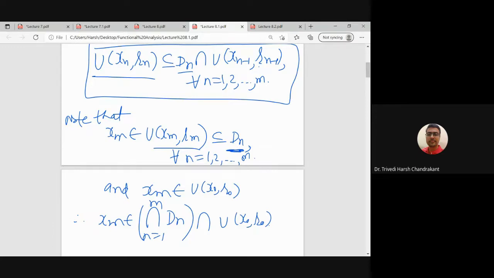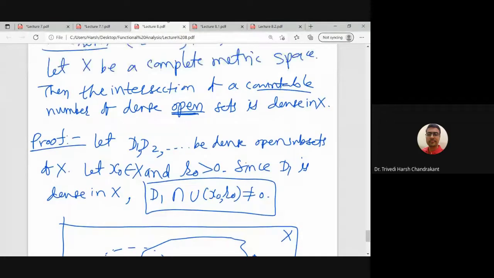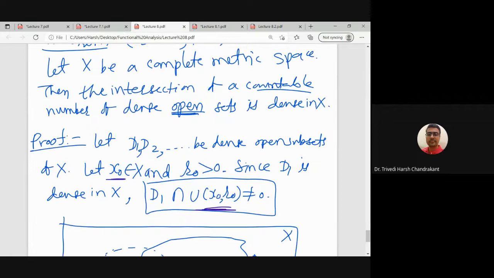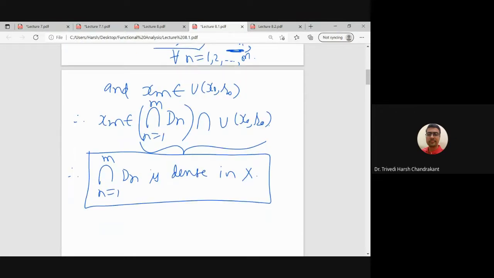This means the intersection of U(x0, r0), we started with that disk, that is the open disk around x0, with the finite intersection of Dn, so that will give us that the finite intersection of Dn is dense in X. So we are taking an infinite sequence of dense subsets, but first of all we have proved that its finite intersection is dense, and now we will prove that the infinite intersection is dense.